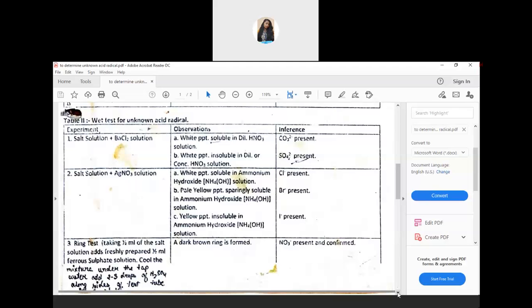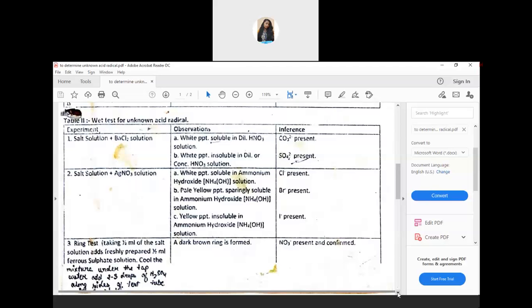Second observation is a pale yellow precipitate, and this precipitate, if soluble in ammonium hydroxide solution, means bromide ion is present. Next, a yellow precipitate is formed, and this yellow precipitate is insoluble in ammonium hydroxide. That means iodide is present.